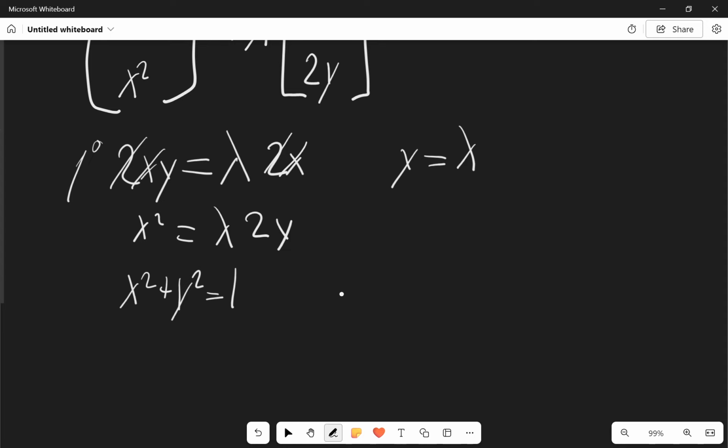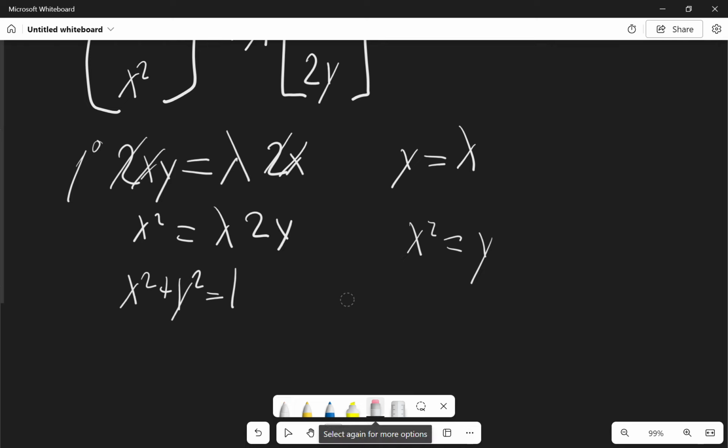And x squared equals lambda times 2y. So according to this, we can set x squared equals lambda, but lambda is y, so we have y times 2y. So we can simplify this as 2y squared.